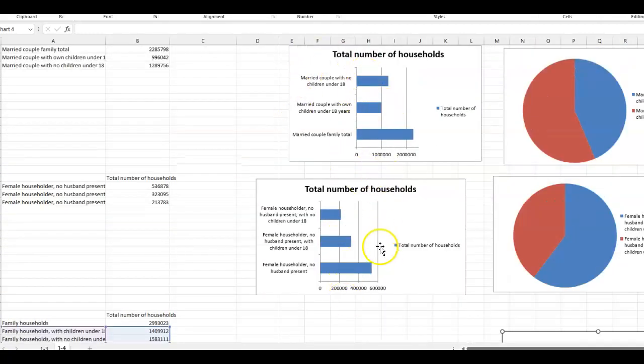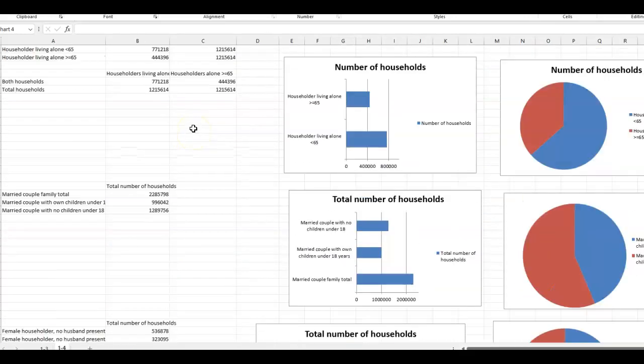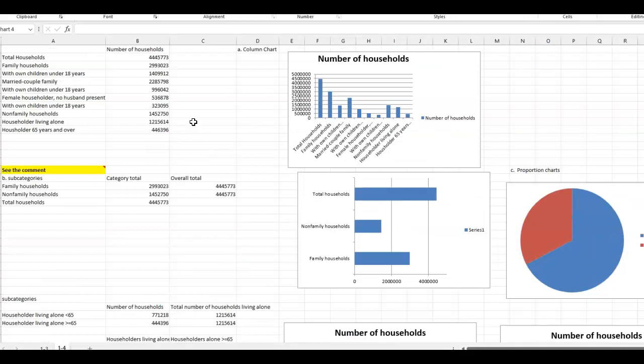You can ignore these column charts for now, because you don't have to do the charts if you go right into the pie chart. What you will have to do, to make your charting easier, is to take this and break it out into subcategories.